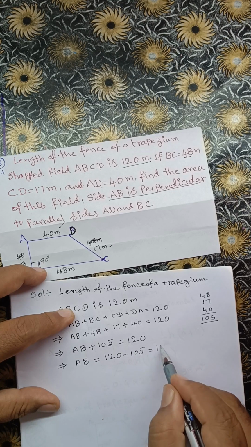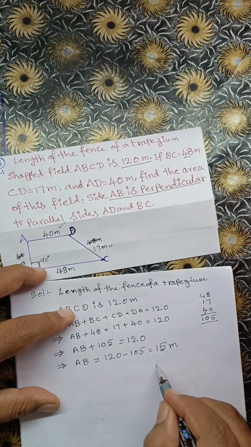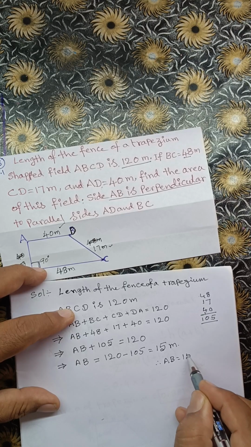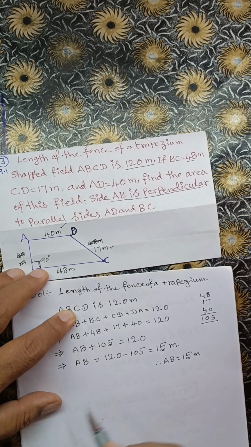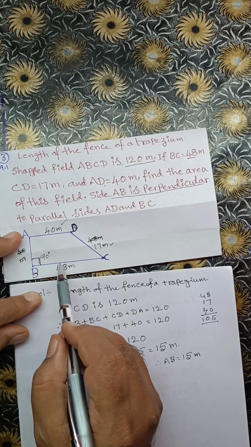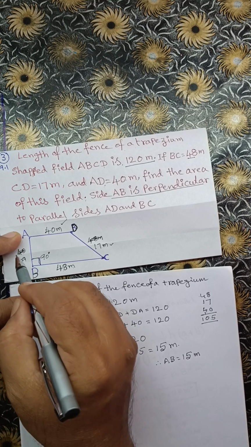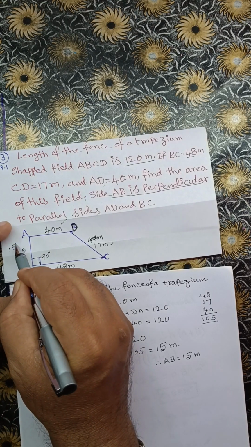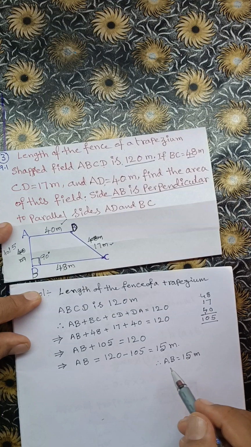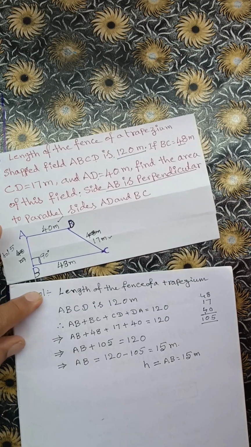It is equal to 15 meters. Therefore, AB is equal to 15 meters. So, the perpendicular distance between two parallel lines is 15 meters. H is equal to 15 meters.